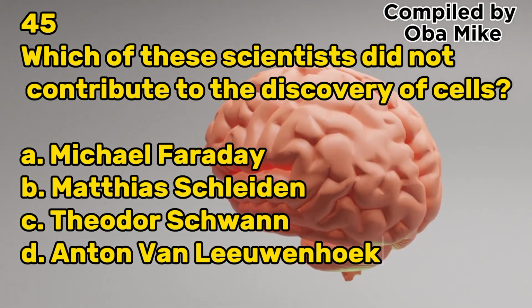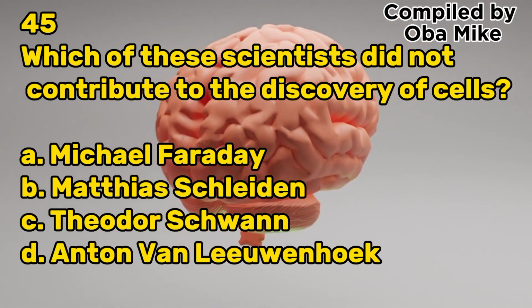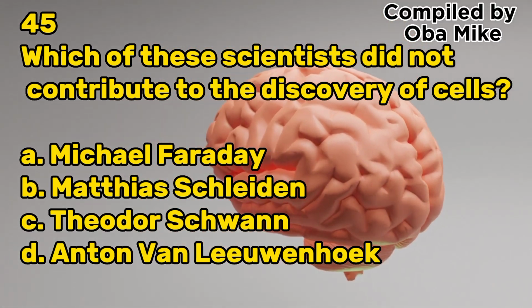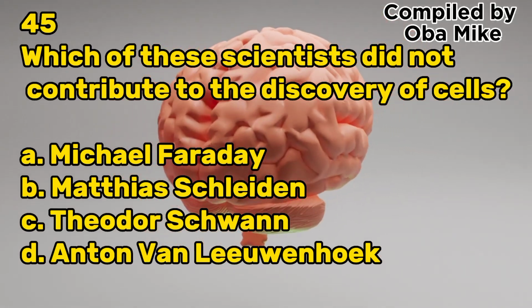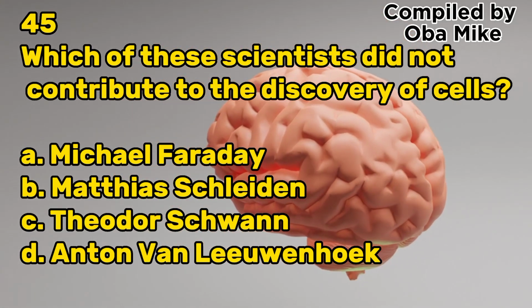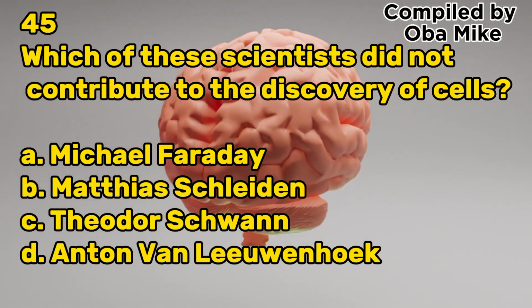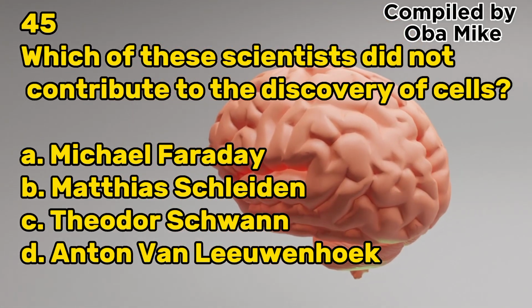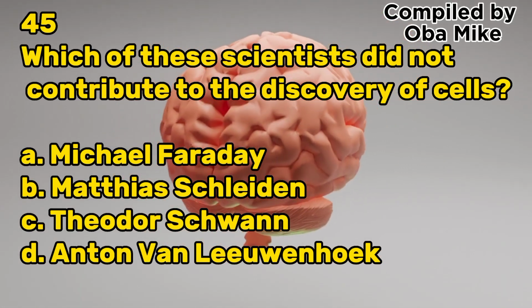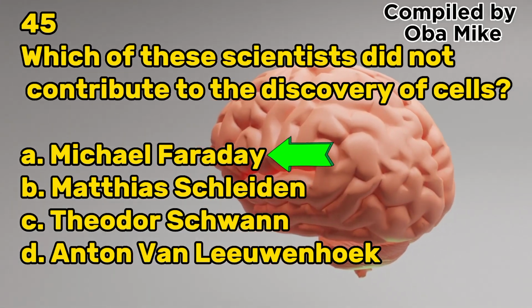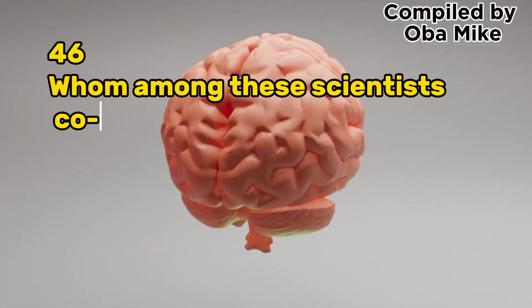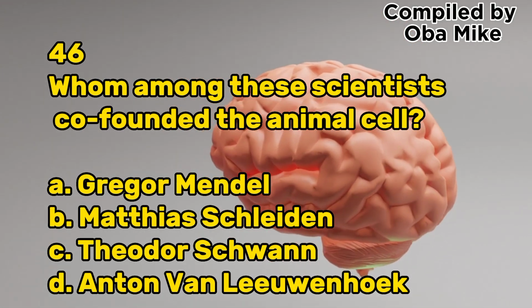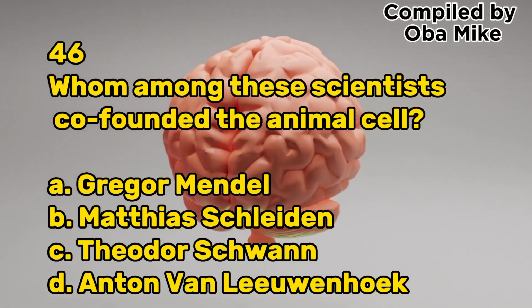45. Which of these scientists did not contribute to the discovery of cells? A. Michael Faraday, B. Matthias Schleiden, C. Theodor Schwann, D. Anton van Leeuwenhoek. 46. Whom among these scientists co-founded the animal cell theory?